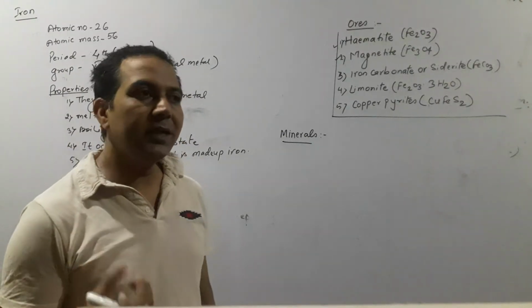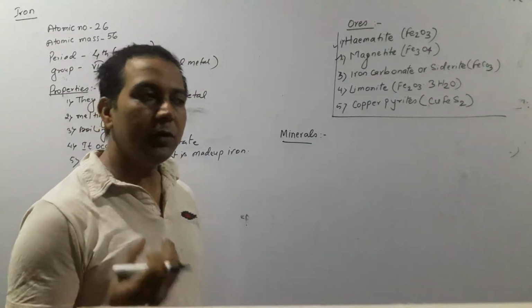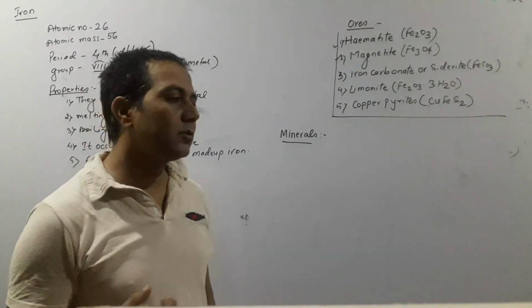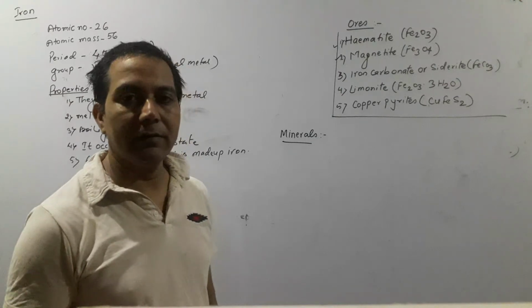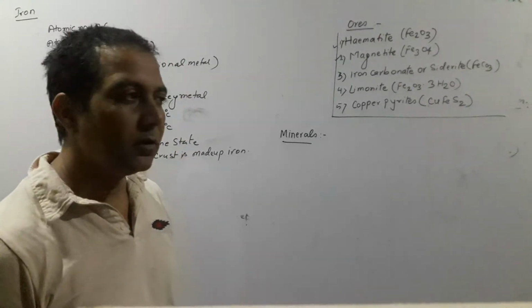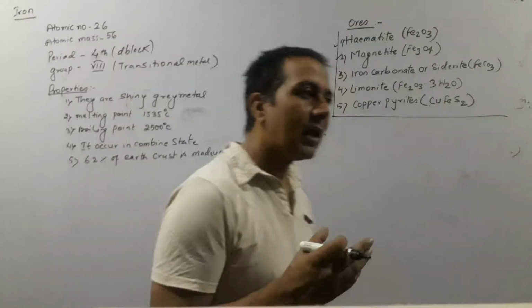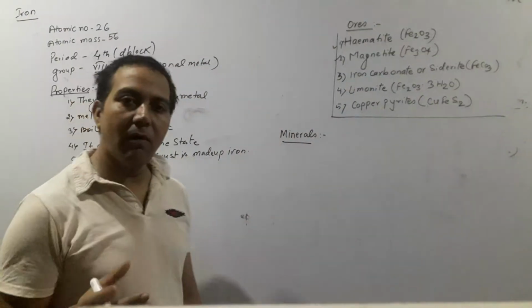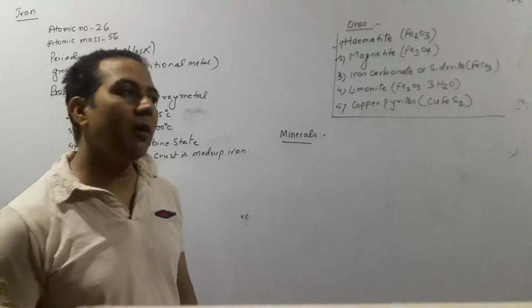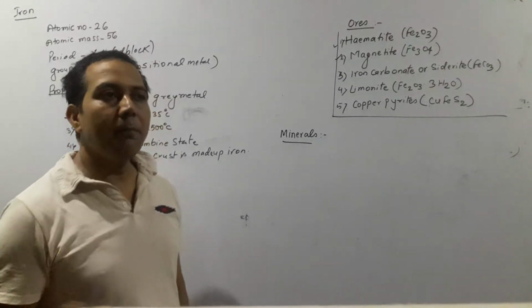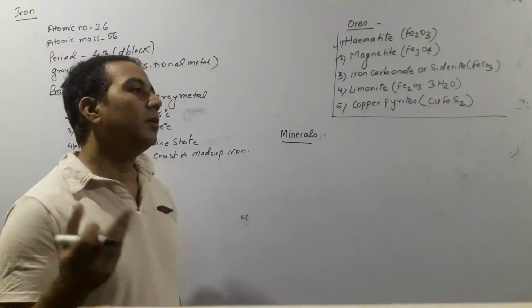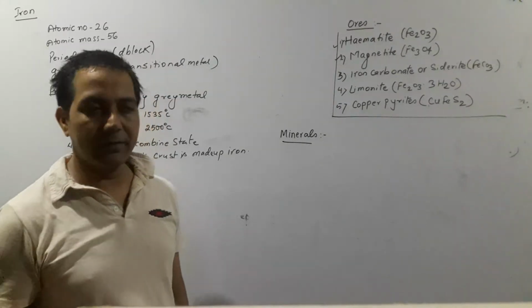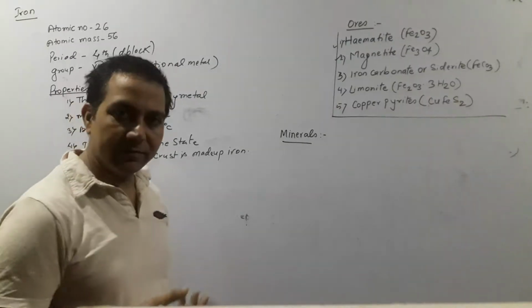They are mixed compounds of two or more metals or single metals or elements. So we can say that minerals are substances formed by combinations of two or more elements, metals or matters.